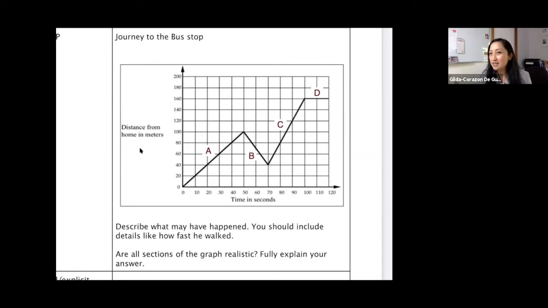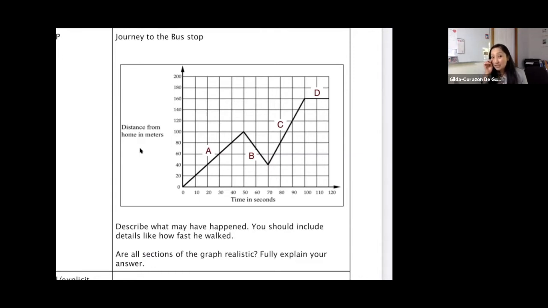Let's have a look at that segment A. How far did, let's probably name this person. Any name, any suggestion? Rocky. How about Rocky? How far did Rocky travel in segment A? 100, yes, 100 meters.